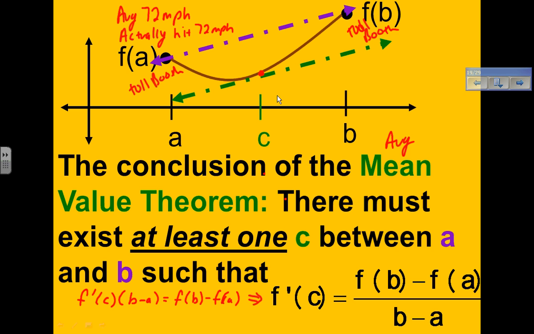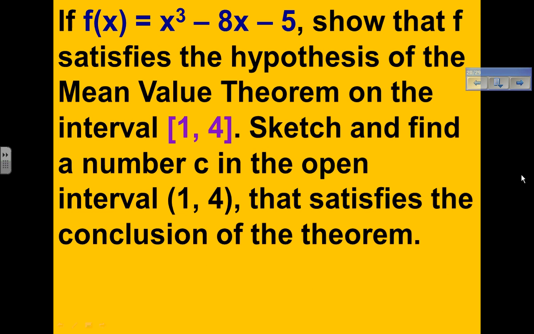They just said he did go 72 miles an hour. He was speeding, therefore he got the ticket. All right? So that's how the average and the instantaneous work together. All right. Questions on that? Good. It's a great topic for this day of the week. Yeah, I think you'll get it.